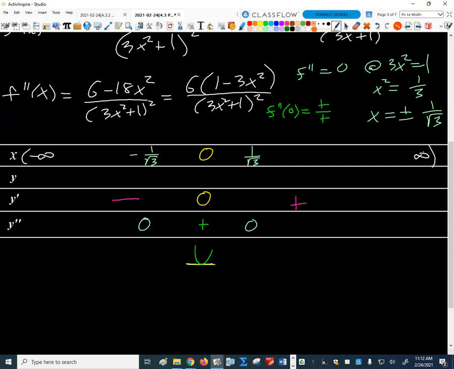So then what do we have to do to determine if those zeros of the second derivative are in fact changes in sign for the concavity? What do we have to do here? Kyle, what do we have to do?